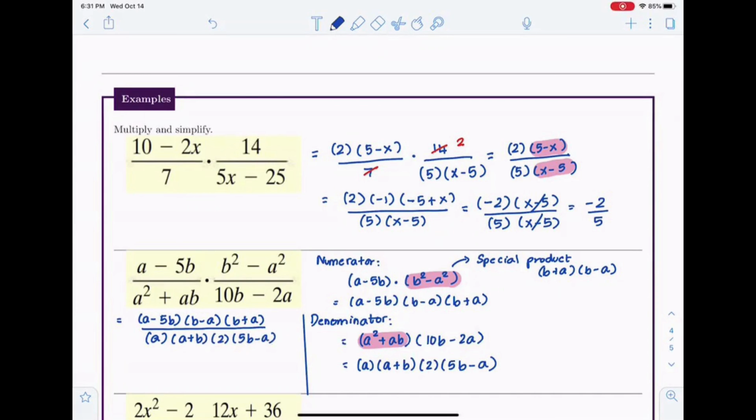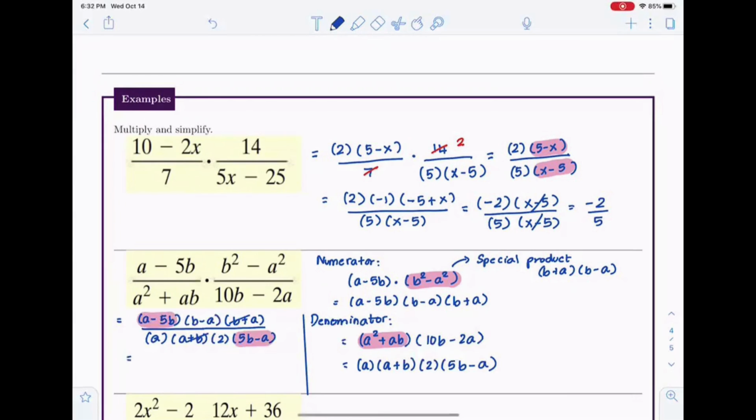A plus b and b plus a are one and the same, so we can get rid of that. If we look at a minus 5b and 5b minus a, they are one and the same with the signs reversed, just like the previous problem where we had 5 minus x and x minus 5. If I pull a negative out, it doesn't matter if you pull it from the numerator or denominator.